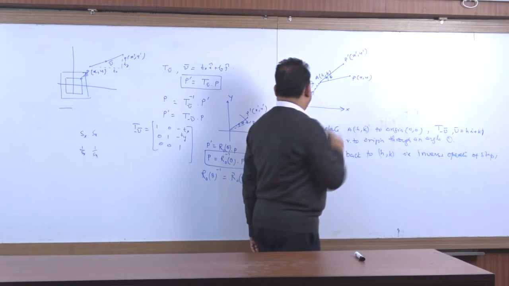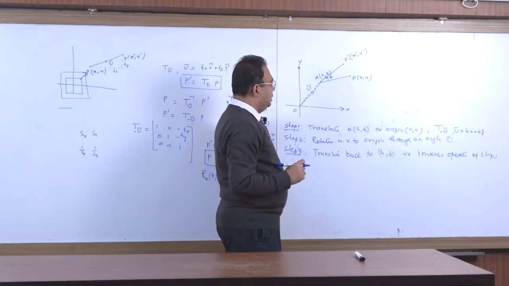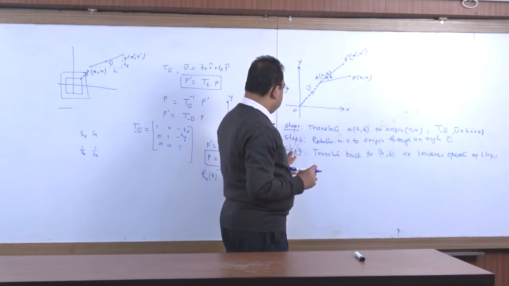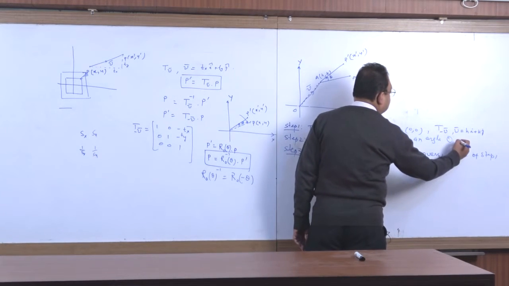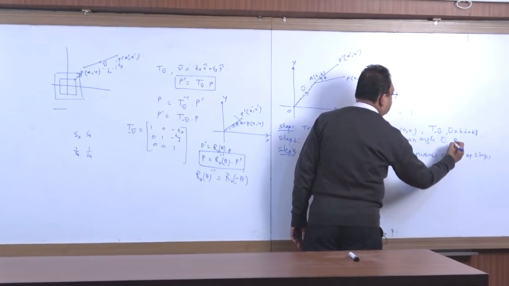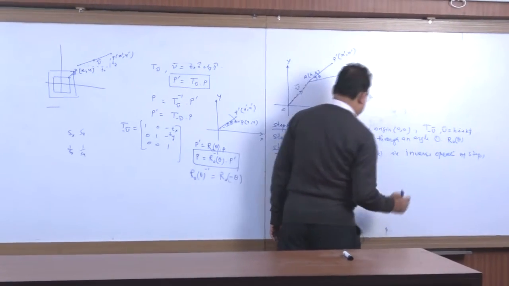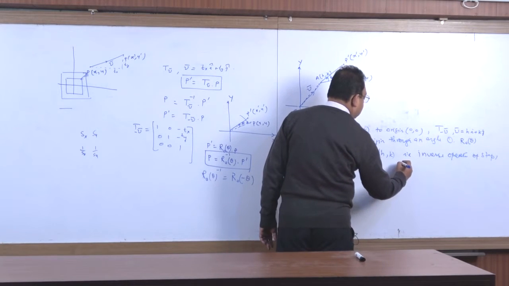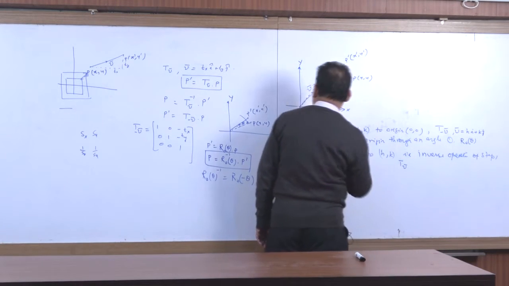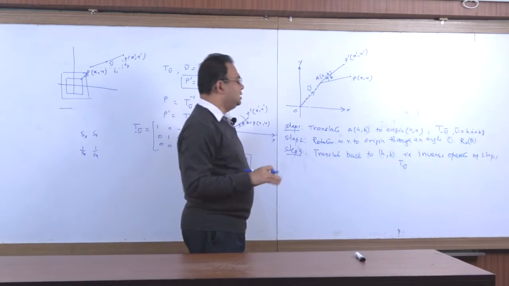So, that is our V. And the rotation in step 2 we can represent as rotation with respect to the origin through an angle theta. And step 3 is nothing but translation along V, because this is the inverse of step 1, that is T V.